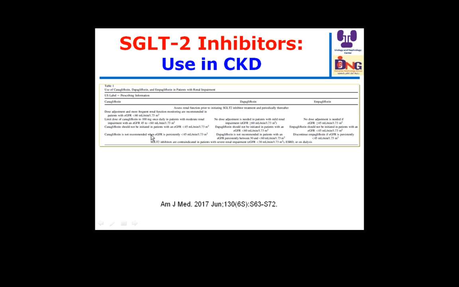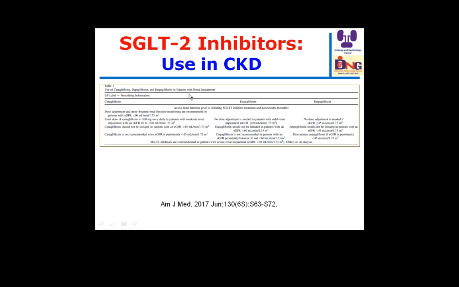Canagliflozin shouldn't be initiated in patients with estimated GFR less than 45 ml per minute. This means stage 3B chronic kidney disease. Canagliflozin is not recommended when estimated GFR is persistently less than 45 ml per minute. So this is a very important point.